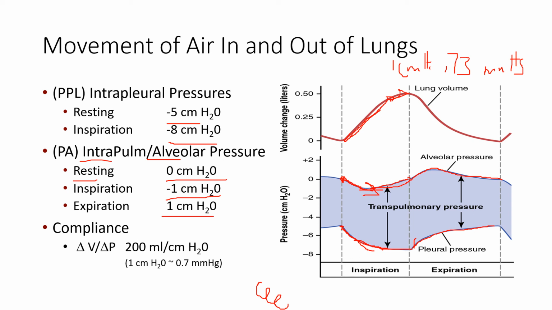The chest wall will recoil as well with that force coupling relationship, which is connected through the pleural space and the pleural fluid. This causes pleural pressure to go back to its resting position, so it becomes less negative.